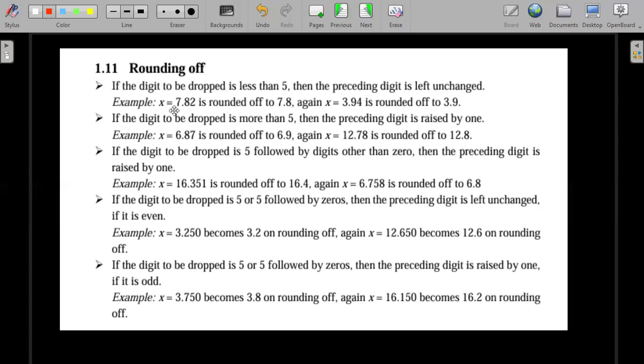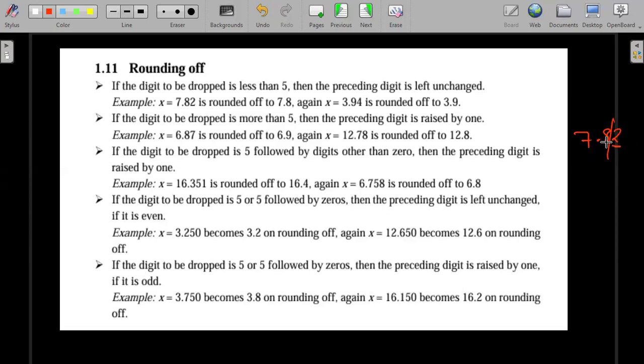So we start with the first scenario here. You know that any number that is less than 5, you are going to drop it. For example, you have a number here which is 7.82. Let's say we have been asked to have two significant figures here. So we have to end where 8 is. Now we have a 2.